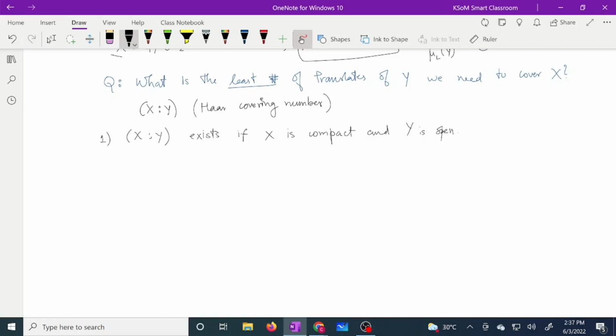Why? Should I give you the answer or should I give you a minute to think about it? It's true. Why? X is compact, so any open cover has a finite subcover. And we are using the fact that translations are homeomorphisms. So since y is open, is that clear?